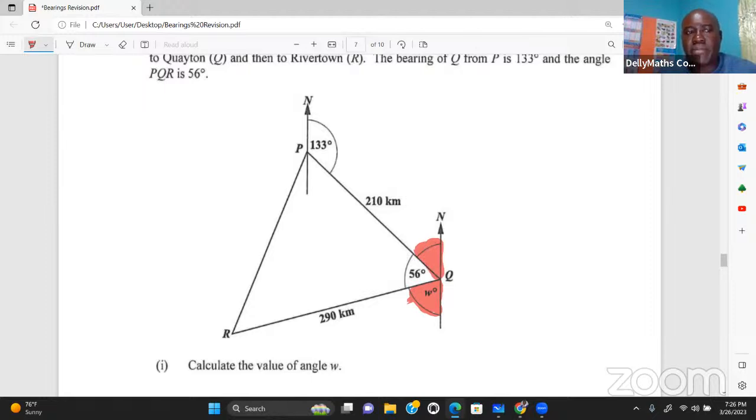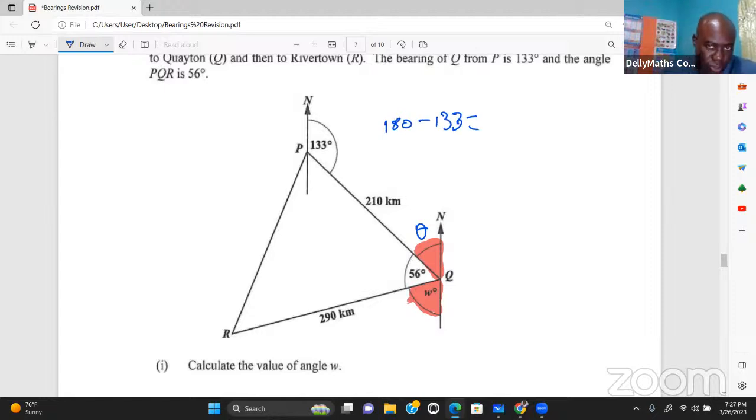The angle that I want to find is co-interior with 133. Remember, co-interior angles add up to 180. So I could find that right there: 180 take away the 133.